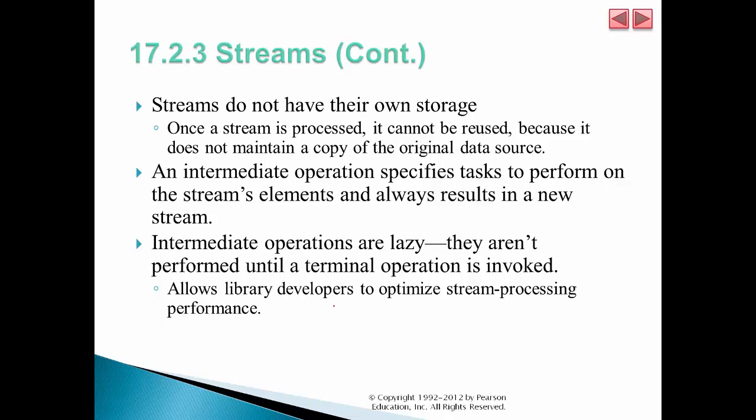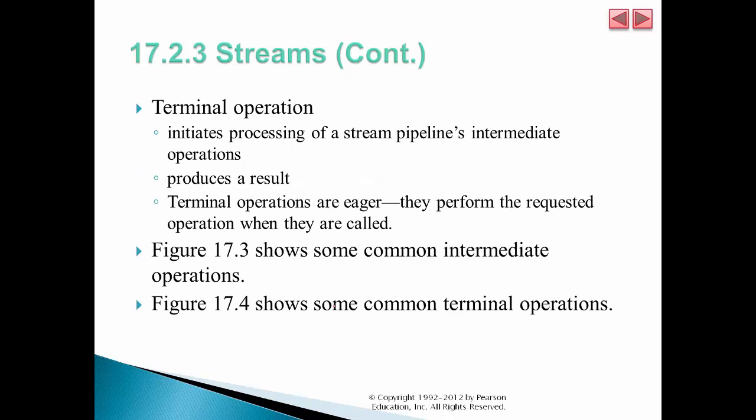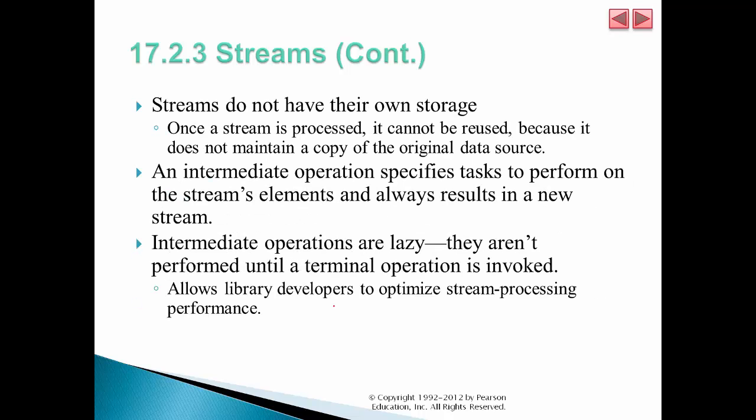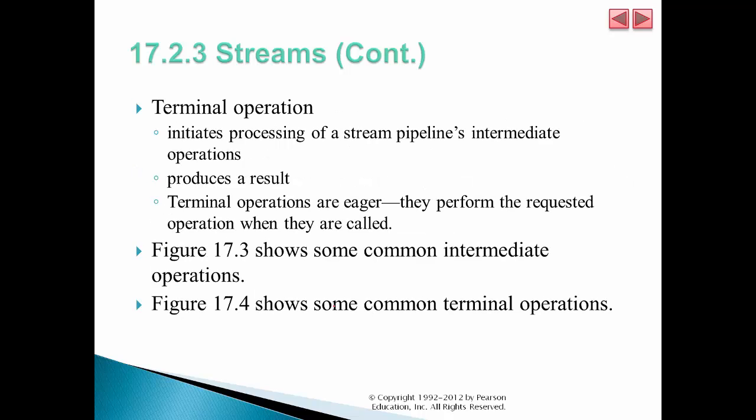When someone says, give me the data, the stream starts sucking the data from the data source, and as it sucks the data, it transforms the data as you wish, and then gives you the data in a different shape. So the intermediate operations, as I said, are lazy. They are not executed until the terminal operation is invoked. The intermediate ones are something in between, and the terminal operation is something at the end of your stream pipeline.